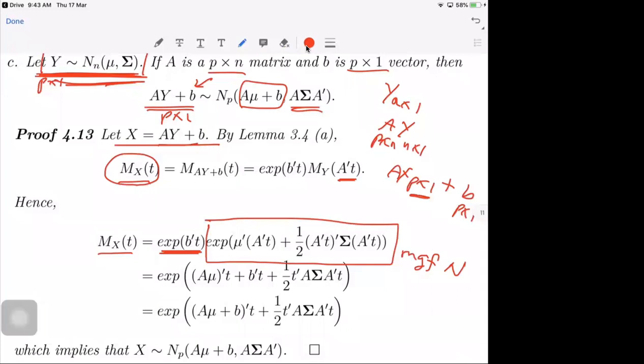So this is equal to the exponential of mu prime A prime t, plus 1/2 A prime t prime, which is the equivalent of t prime sigma t, but your t is also A prime t. So A prime t prime sigma A prime t.